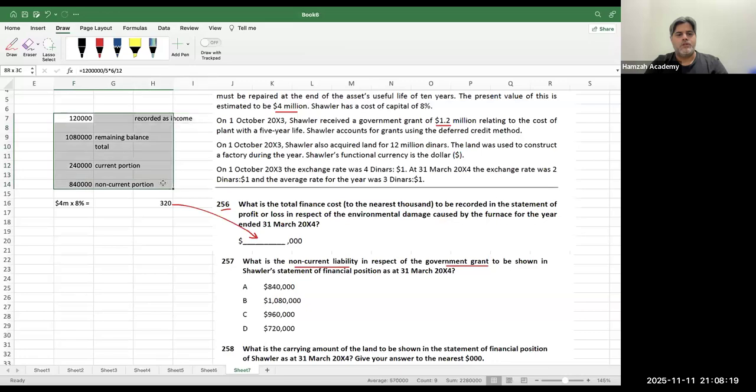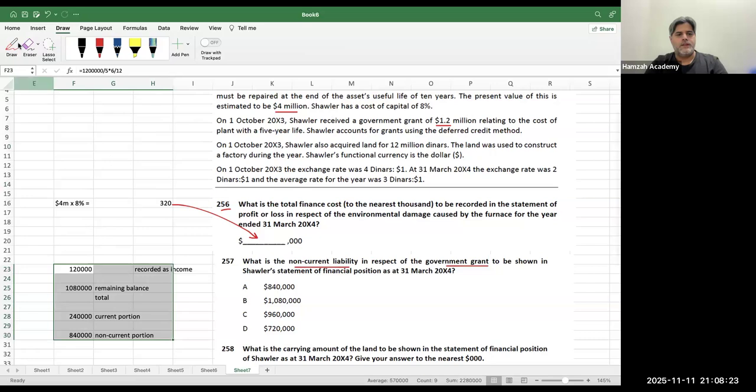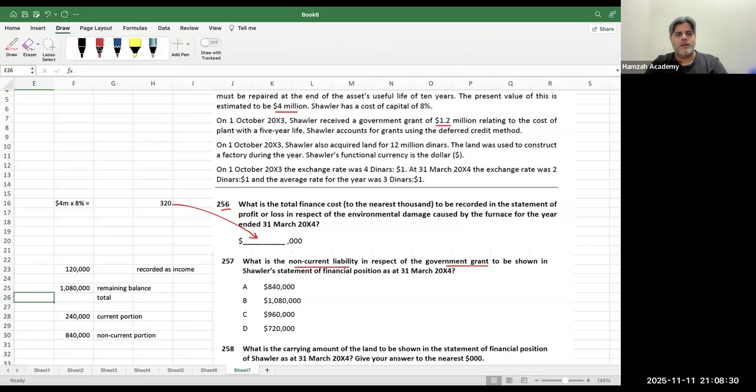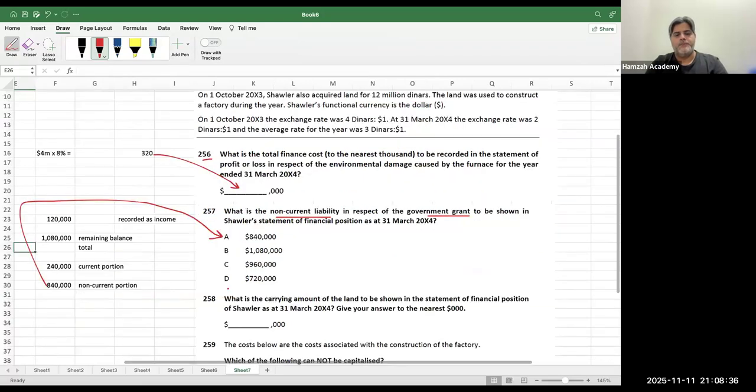So this is all taken from here, pasted here, and this all gone with a comma. So 840,000 is going to be my answer over here. This one, right?